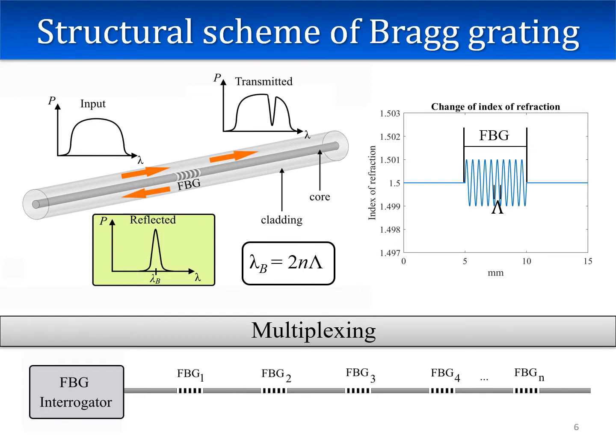The value of this wavelength is directly proportional to the effective refractive index and the geometric length of the Bragg grating period. This dependence determines the possibility of registering variations in the relative length of the period by analyzing the variations in the relative value of the resonant wavelength of the reflected spectrum.